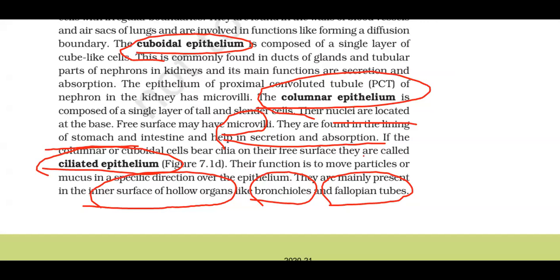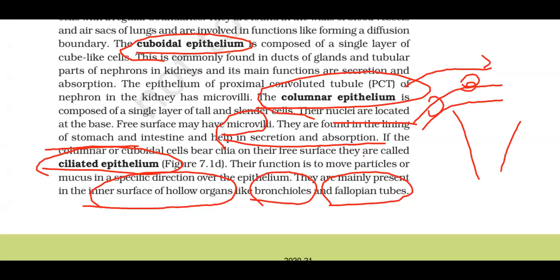The fallopian tube is very important for the movement of eggs. The fusion of egg with the sperm also takes place in the fallopian tube. Why should there be cilia in the fallopian tube? When eggs are released, they have to be moved into the ampulla region of the fallopian tube.